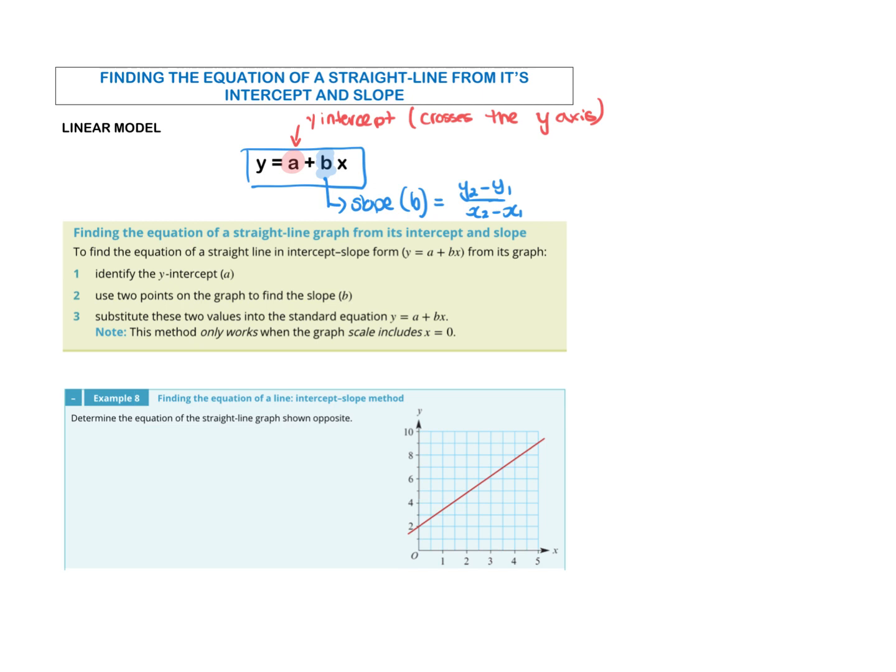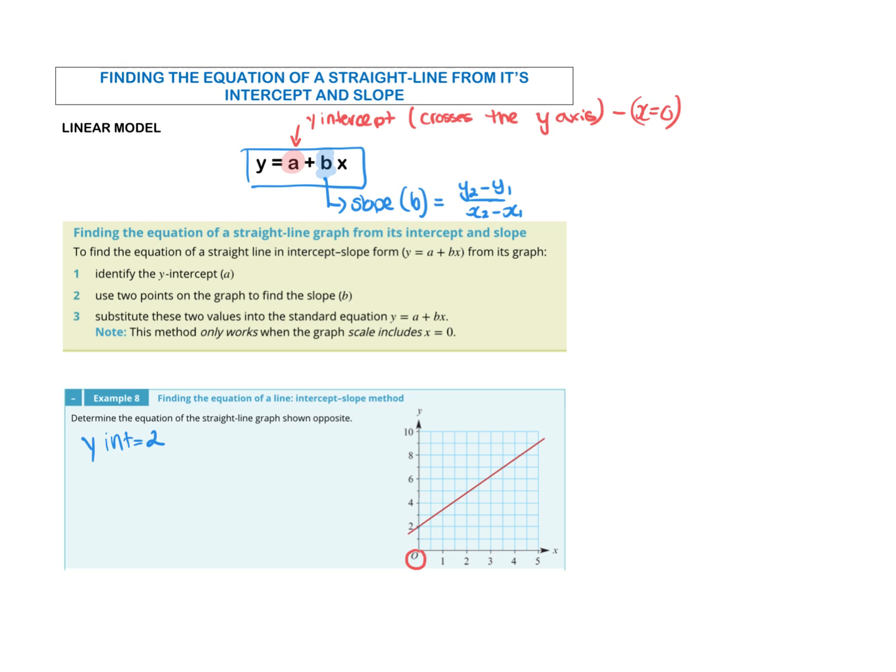Also remember that the y-intercept, and we maybe should have written up here, is when x equals 0. So down here, what is the y-intercept? On this graph, where's it crossing through that y line? 2. Good.